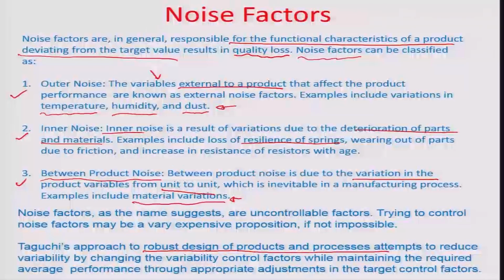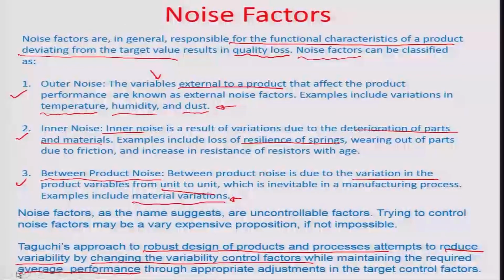When we talk about Taguchi's approach to robust design of products and processes, we attempt to typically reduce the variability, and that is approached by changing all the variability control factors through good design, maintaining required average performance, so it does not go outside the target range for the response of a system.